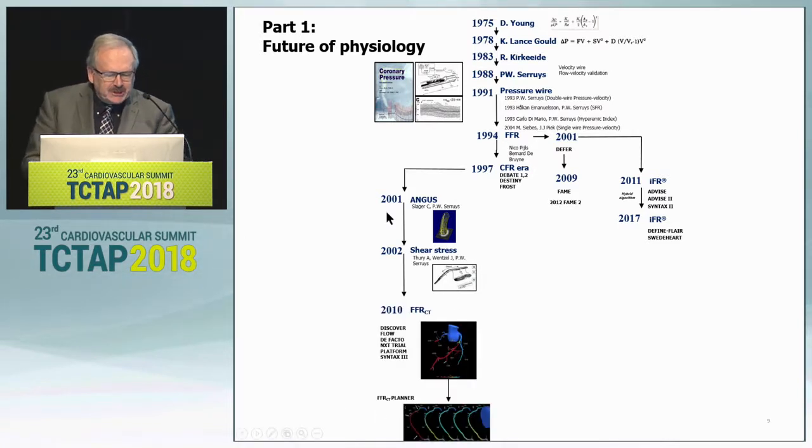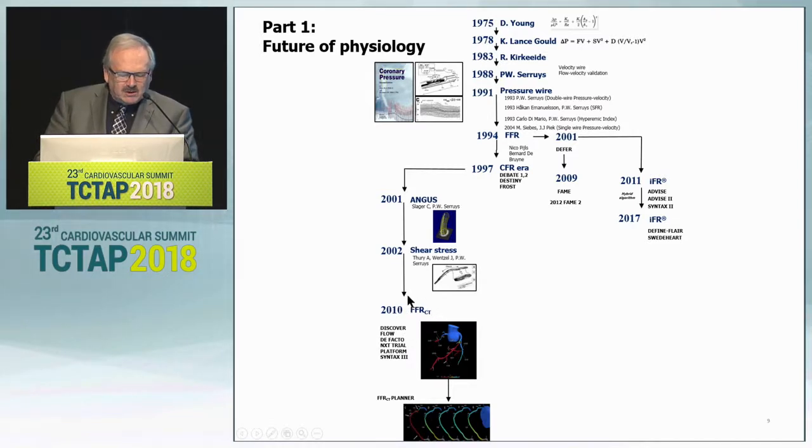Now, what is interesting is that suddenly from Stanford, Charlie Taylor developed the FFR-CT and color-coded the FFR-CT, and there was a family of trials: DISCOVER-FLOW, DeFACTO, NXT trial, PLATFORM, and SYNTAX, and we have the same planner.